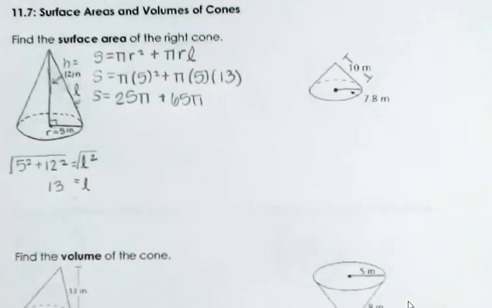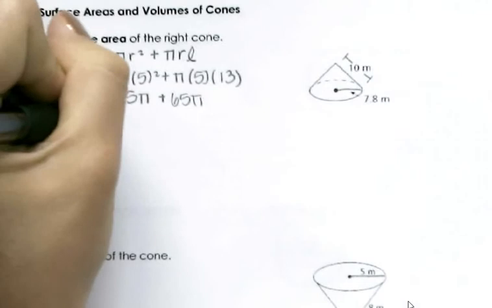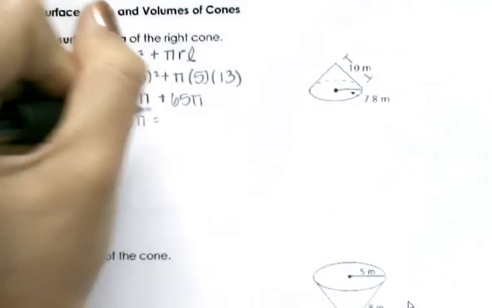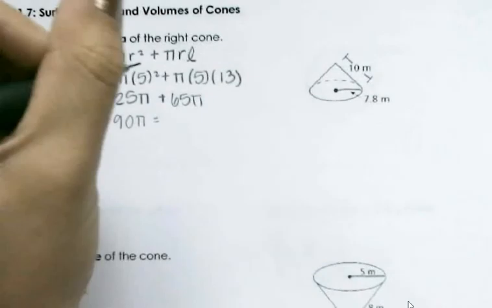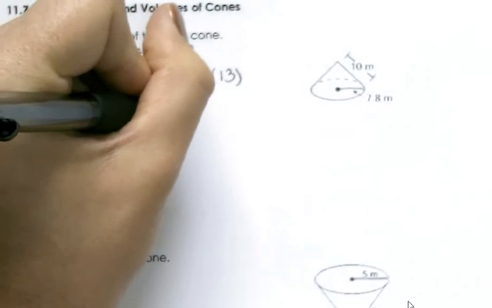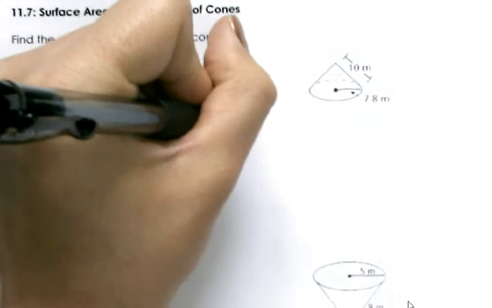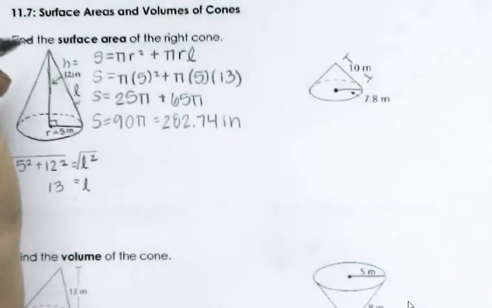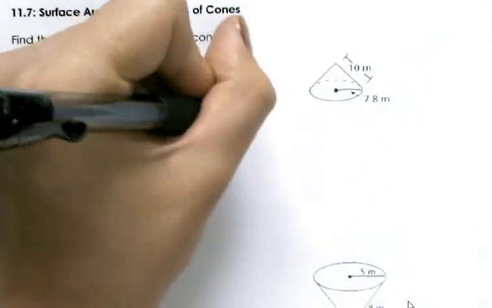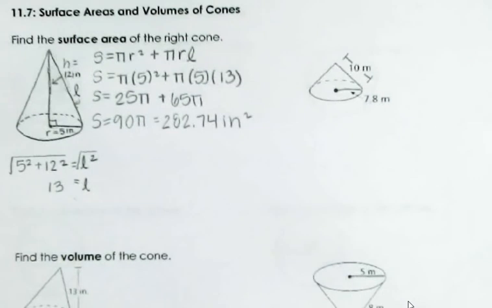And then if we add those together, we get 90 pi, which is equal to 282.74, and this is in inches. And because we're finding surface area, it's squared. Surface area is squared, volume is cubed.